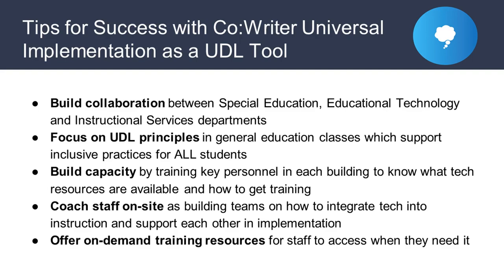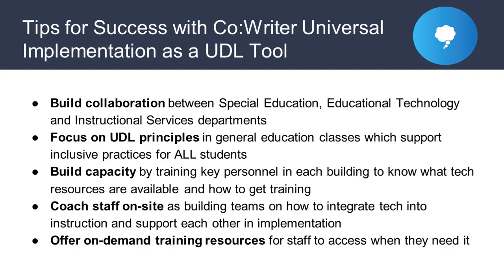And then how do you build capacity? I think you want to train key personnel in each of your buildings to know what tech resources are available and how to get training. So for CoWriter, who can you target in each of the buildings that you can show CoWriter to and have them help you spread the word and get other staff on board with it.